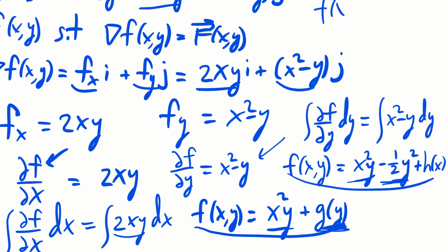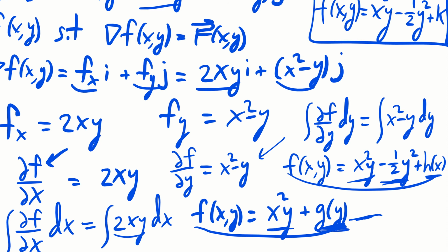We have f of x comma y equals x squared y minus 1/2 y squared, and then h of x, this is a function of x here, this part's missing, so that's just a constant. And I claim that this is going to be our potential function.